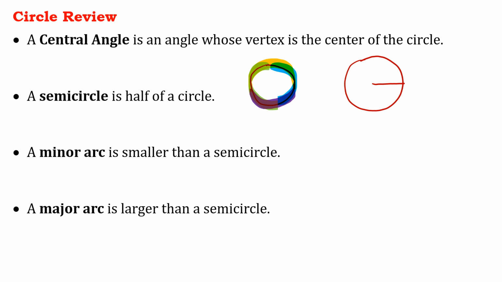So if you look at the semicircle, exactly half of that, this half down here is 180 degrees. This half up here is also 180 degrees. So a semicircle is half of a circle, so its measure is 180 degrees.